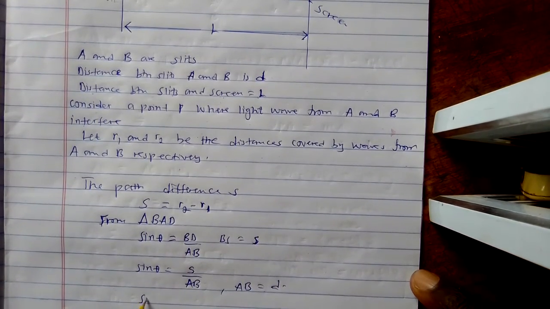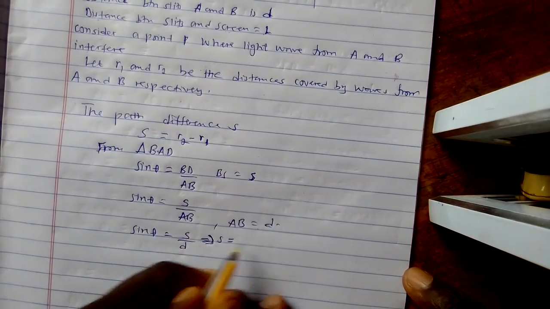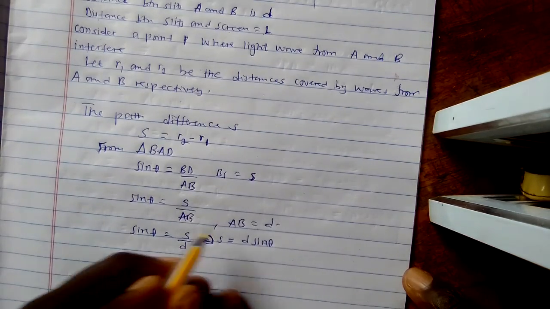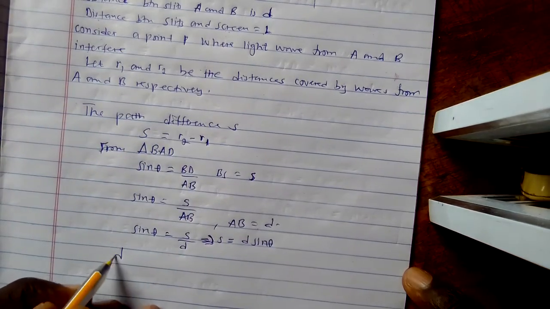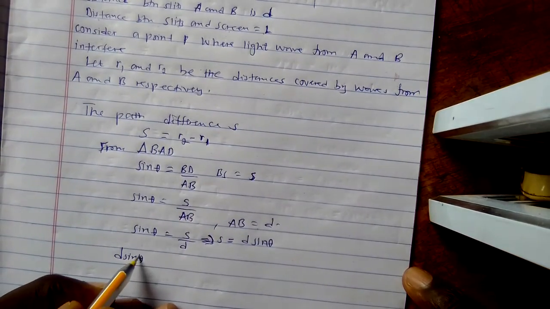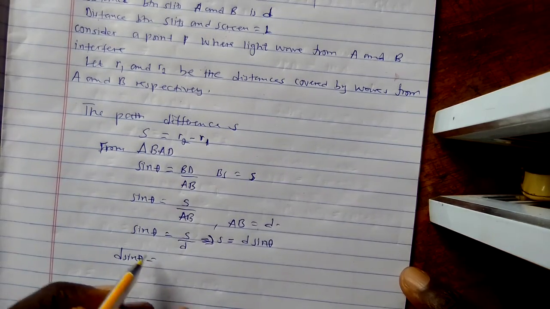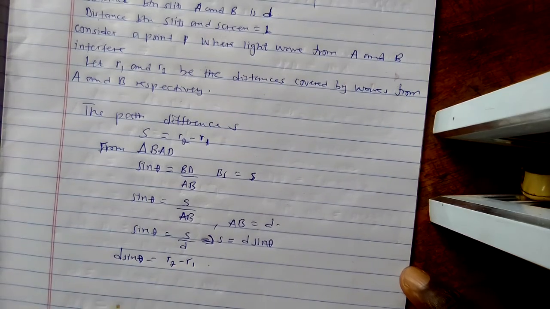So sine theta is equal to s over d, implying that s is equal to d sine theta. If I substitute this s here, we have that d sine theta is equal to R2 minus R1.